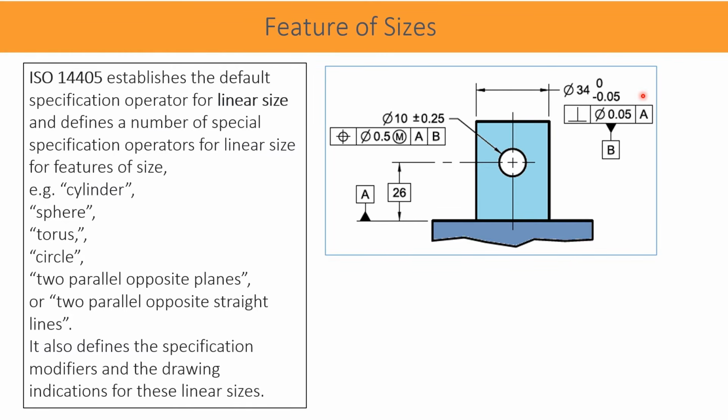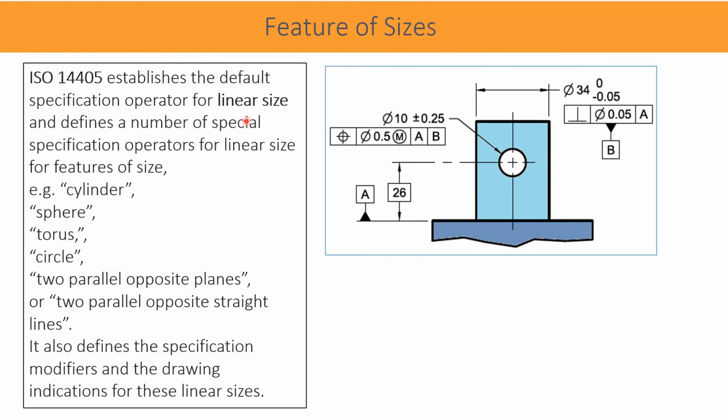Similarly, the hole is specified with a diameter of 10 and tolerance plus minus 0.25. In these cases, no special size specification operator is given. Therefore, it becomes a default Gaussian best fit or least square operator. In verification, generally the average size is measured in such conditions.